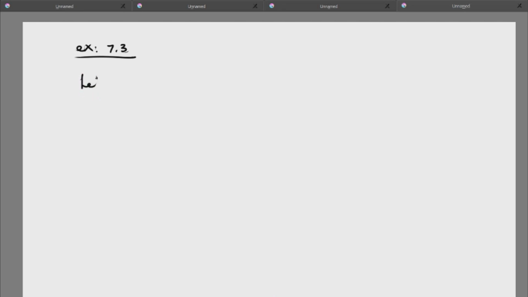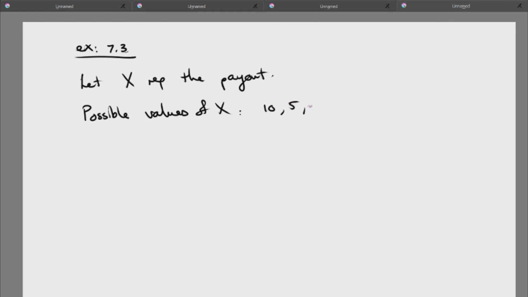So, let X represent the payout, how much you're going to win. I don't know what the ticket price is going to be in this case. They don't tell me. The possible values of X will then be $10, $5, or no dollars.